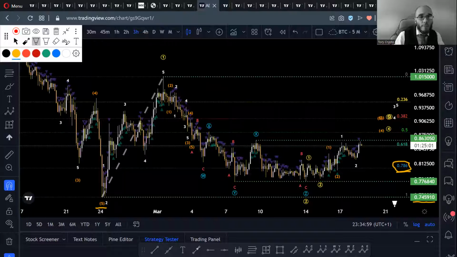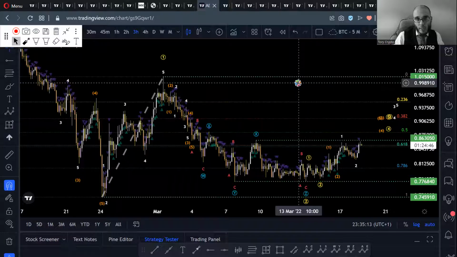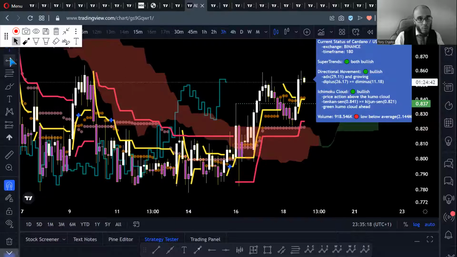But still, if we take a look at Elliott wave, and if we take a look at Ichimoku as we just did, we have to come to the conclusion that it is a bullish count.